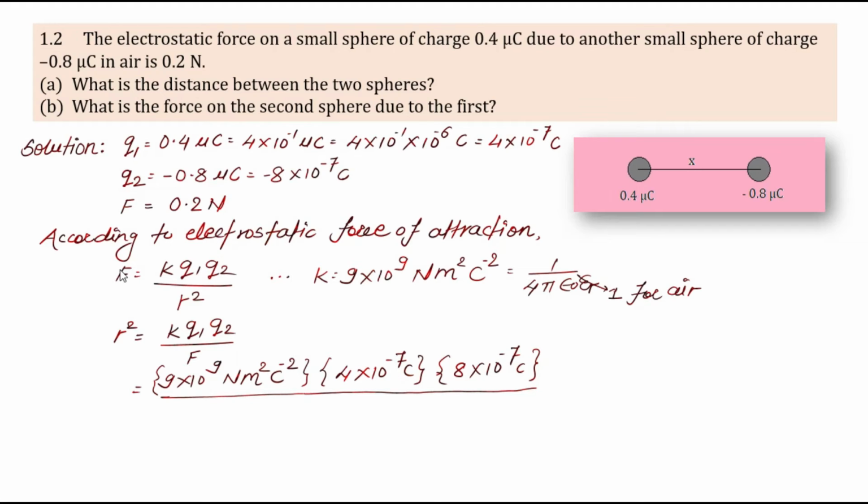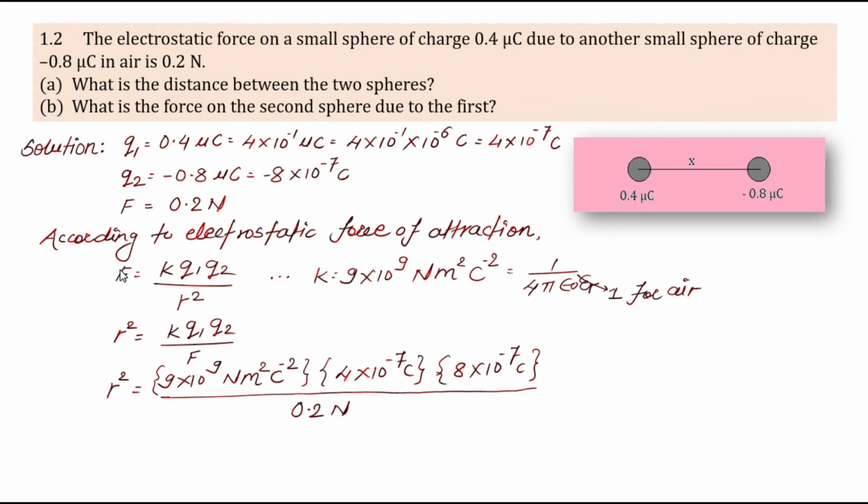Here we are interested in finding the distance, hence we are simply taking the magnitudes by removing the negative sign on Q2. So we have an F value that is given, 0.2 Newton.